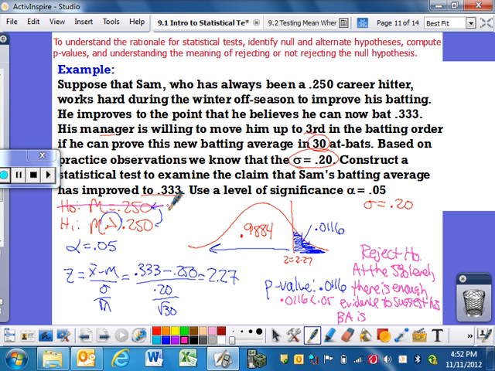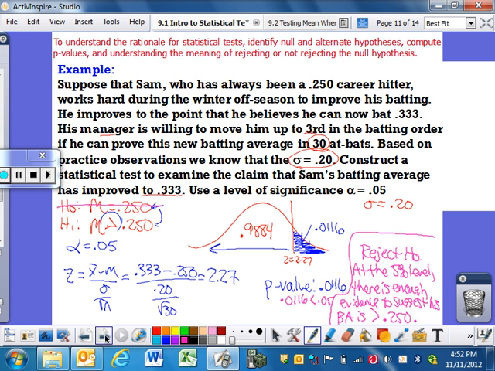We're saying that his average is greater than 250. You do not say that it is exactly 333, because that's not necessarily true. We have enough evidence in our little sample to say that it is greater than 250. It might be 252, it might be 300, but we just know that it's greater than 250 at this significance level. Okay? So that's how you finish the problem.